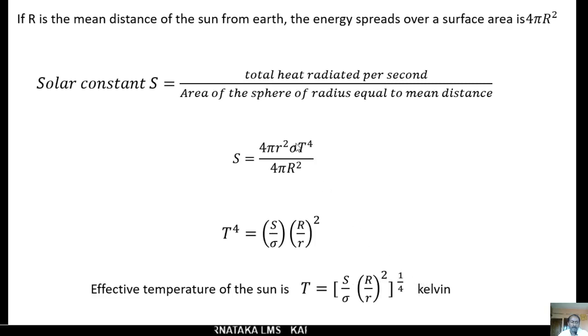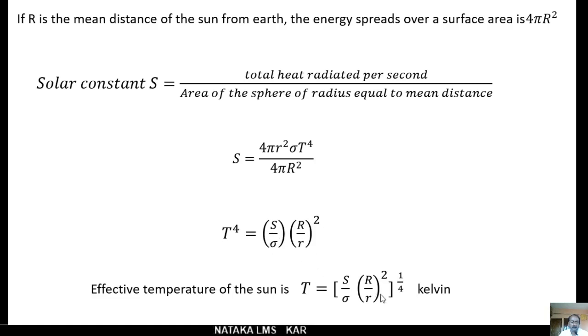By knowing the value of capital R, the mean distance R will be nearly 148.48 into 10 to the power of plus 7 kilometer, and the radius will be 6.928 into 10 raised to plus 5 kilometer, and sigma, Stefan's constant, value 5.75 into 10 raised to minus 5.